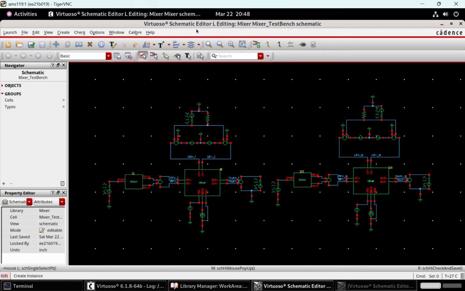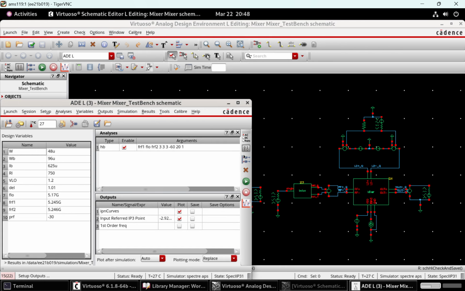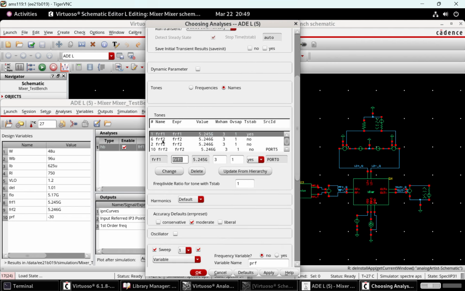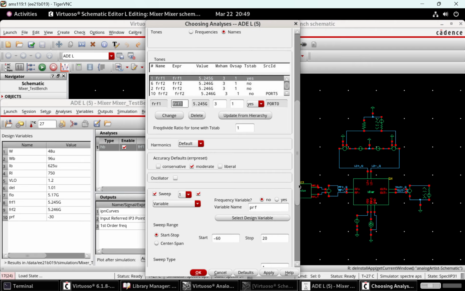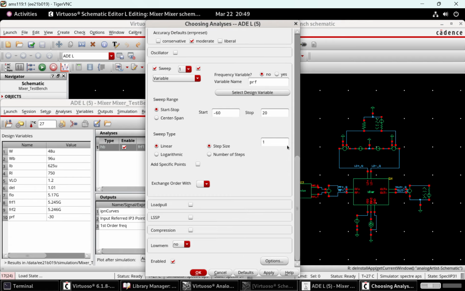and relaunch ADE L. Set the analysis in this fashion. So FRF is set at 5.245 gigahertz, and this variable PRF is swept from -60 to 20 dBm in steps of 1.